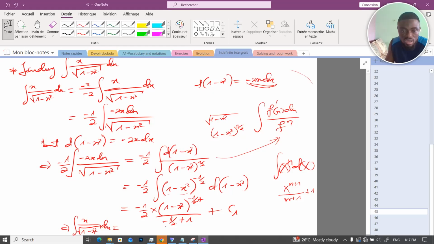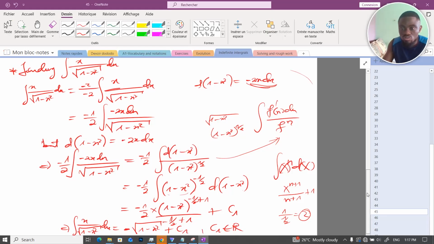So this half, since it is 1 on a half, will become 2. So this 2 will cancel this 2 and we'll be left with minus, this is 1 plus this gives a half. So minus square root of 1 minus x squared plus the constant c1, where c1 belongs to R. So we'll finish with this integral.